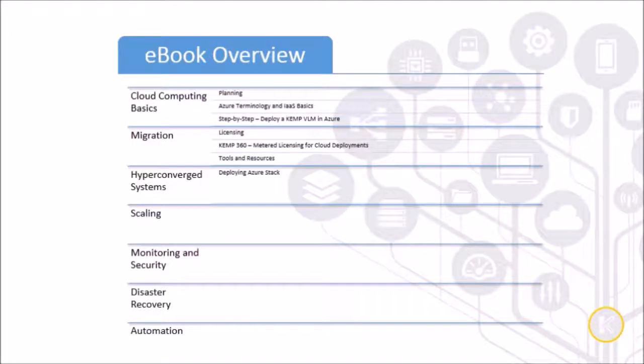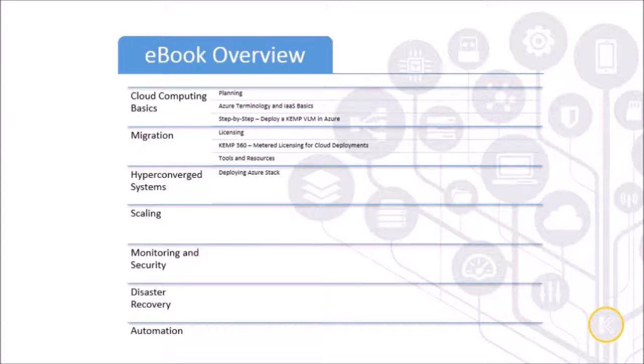So let's take a quick look at what the eBook looks like. If I start with the sections on the left, basically the eBook is divided into some logical sections that give you details around specifics, starting with cloud computing basics, where I'm talking about planning, going over some terminology and infrastructure as a service basics and so on.